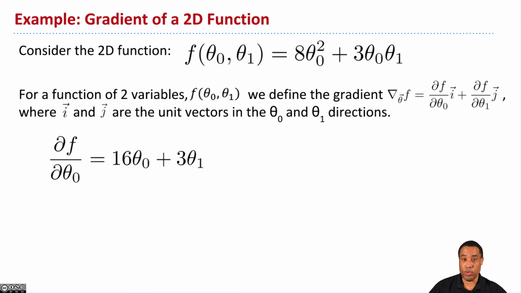It's simply going to be, with respect to theta 0, we take the power of 2 down, so that'll be 16 times theta 0, and we lose the theta 0 here, so it'll be 3 times theta 1. The question for you is, what is our partial derivative with respect to theta 1?